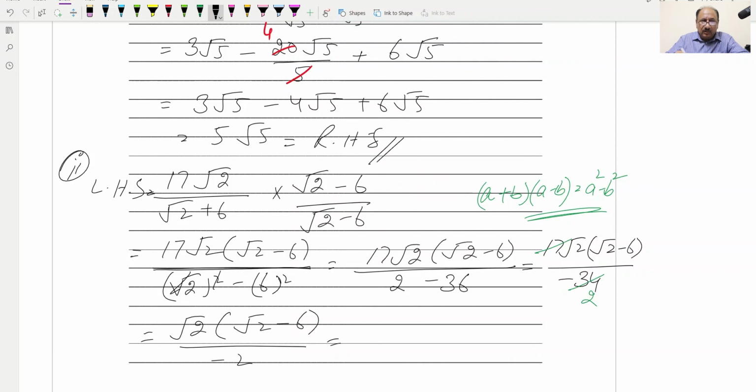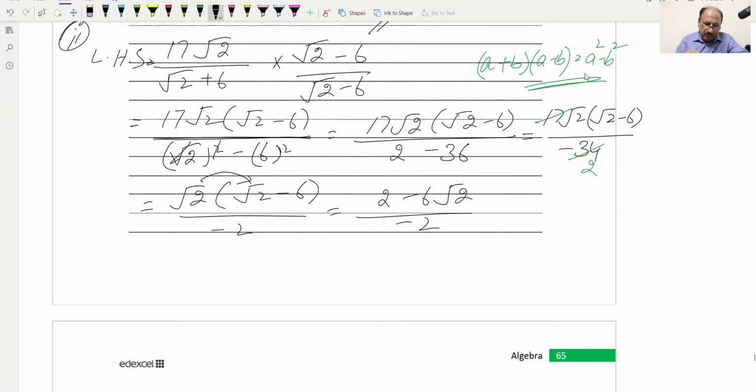Further we can write it as, we can multiply under root 2 with this, so it will be 2 minus 6 under root 2 divided by minus 2. From the numerator we can take 2 common.